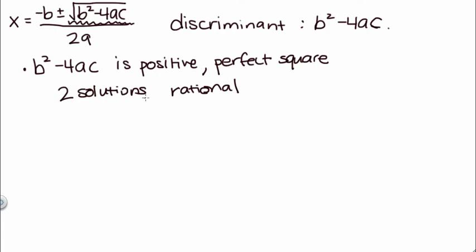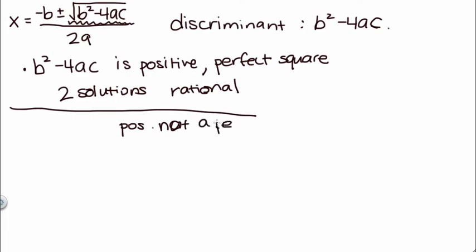Okay, so if it was the same situation, and it's positive, but let's suppose it was not a perfect square. So if it's not a perfect square, it means that you can't take the square root, or if you do, it's an irrational, right?